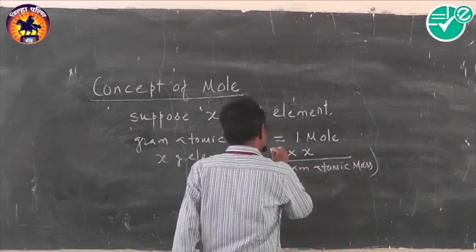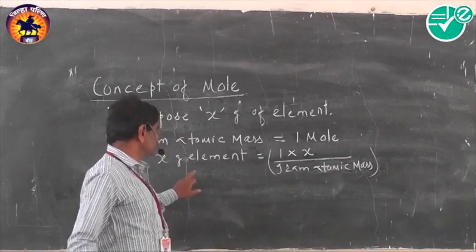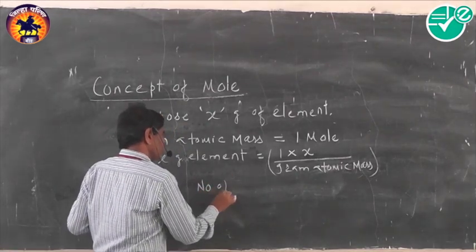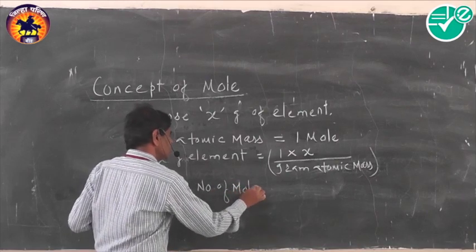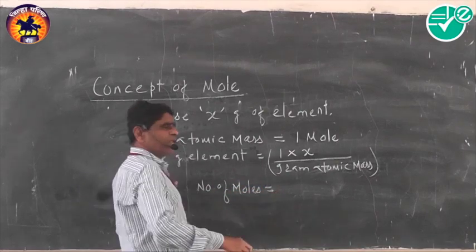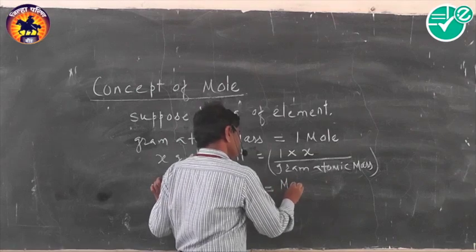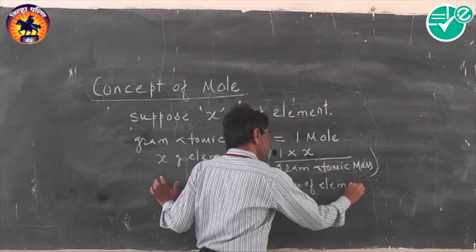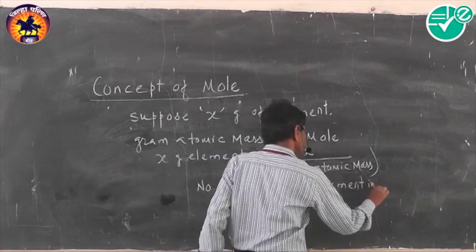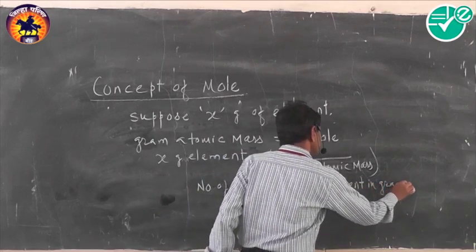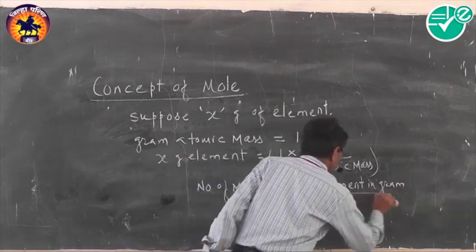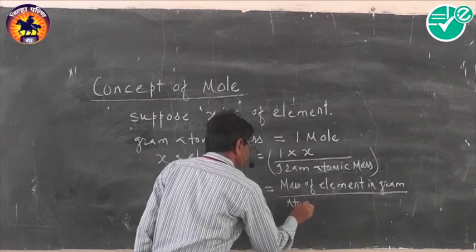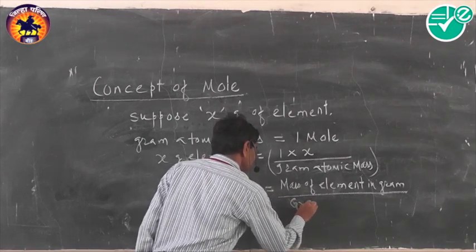And thus remember, what is the formula then? Number of moles is equal to mass of element, expressed in gram, divided by atomic mass or gram atomic mass.